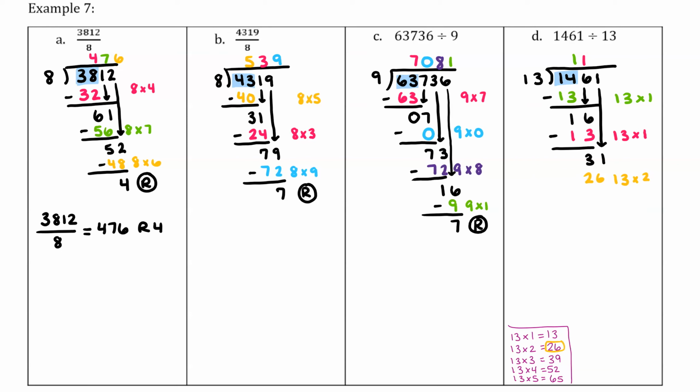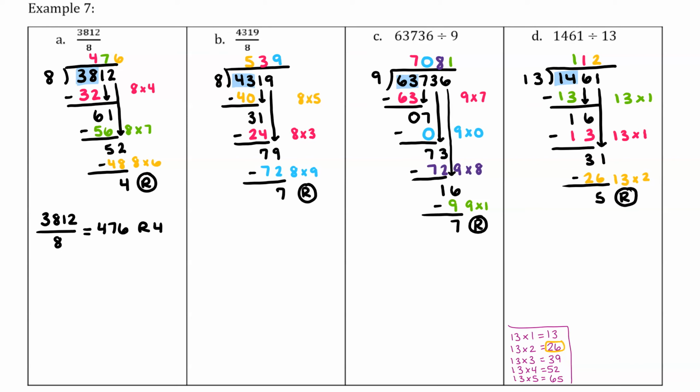If I did 13 times 3, it would be too big. So 2 is going to go upstairs, and 13 times 2 is going to go downstairs for subtraction. 31 take away 26 is 5. Now there's nothing left to bring down. 5 is smaller than 13, so that's your remainder.